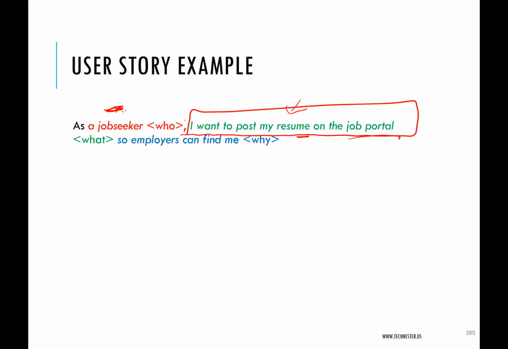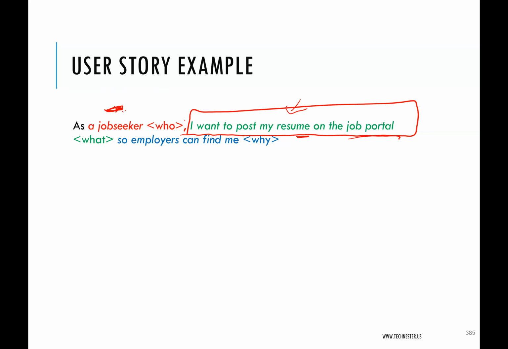So a user story is a way to communicate requirements so developers can see the value of the requirement and also see who is asking for it. Rather than just saying, Mr. Developer or Miss Developer, create a button to allow people to upload resume, now you are telling them a story behind that feature.